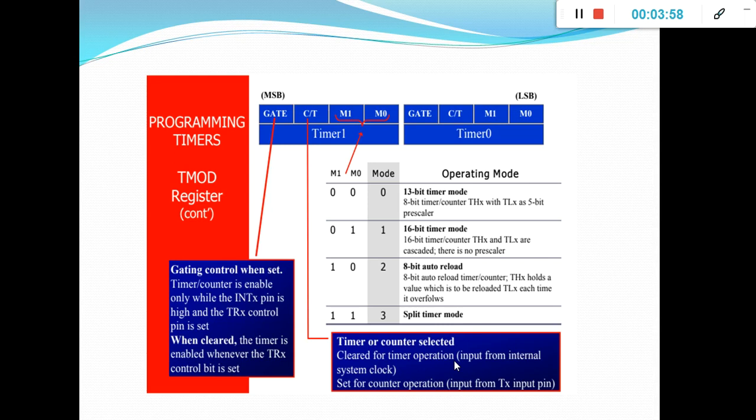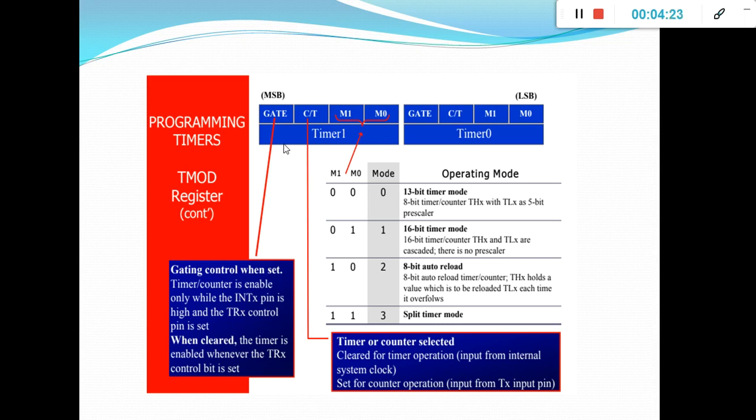Next, the last bit of timer 0 and timer 1 is the gate bit. You can see the gate for timer 0 and timer 1. Both timer 0 and timer 1 have the gate bit, and all of them are 1 bit. What is its purpose?